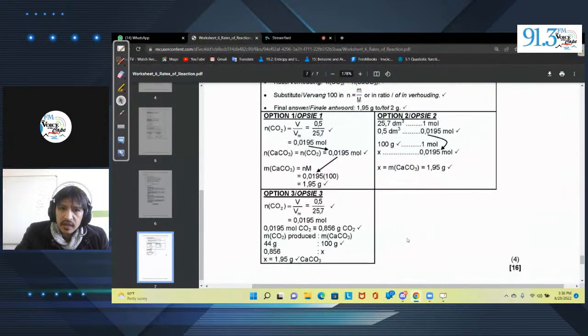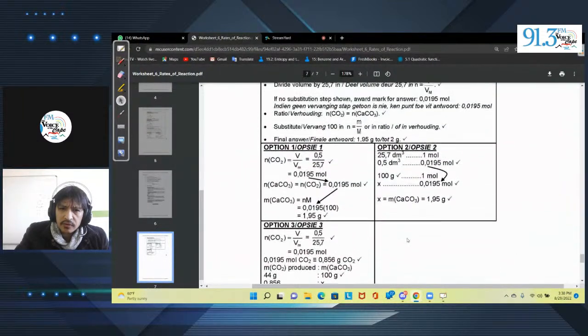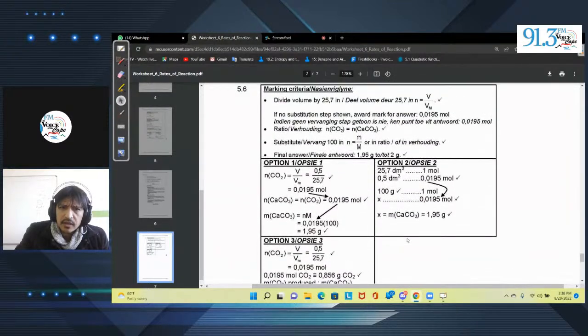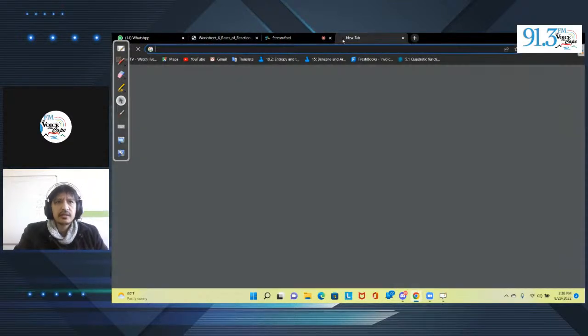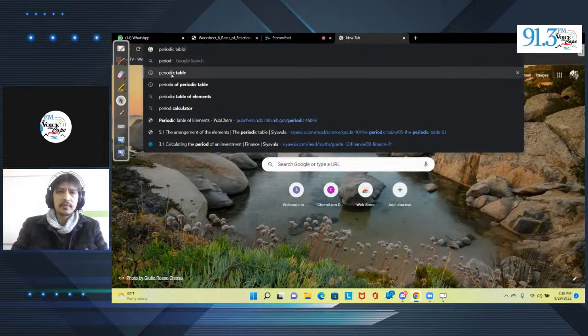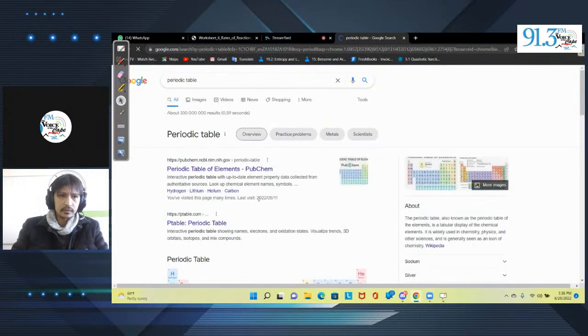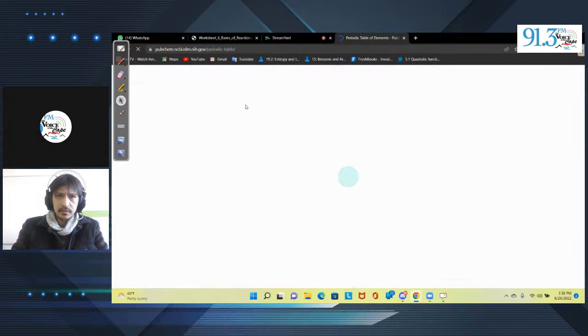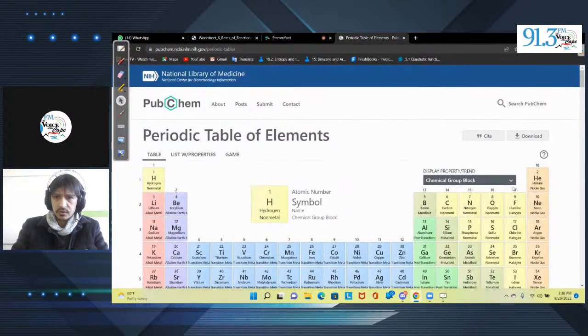Right, and the molar mass of calcium carbonate, they're not showing it to me here. Okay, so we'll just calculate it. We'll go to our periodic table. There we go, PubChem. And let's get our values. So, molar mass. Okay.